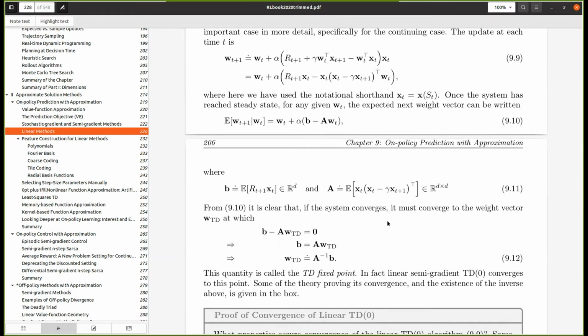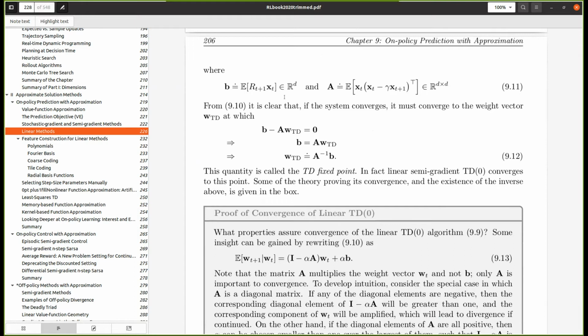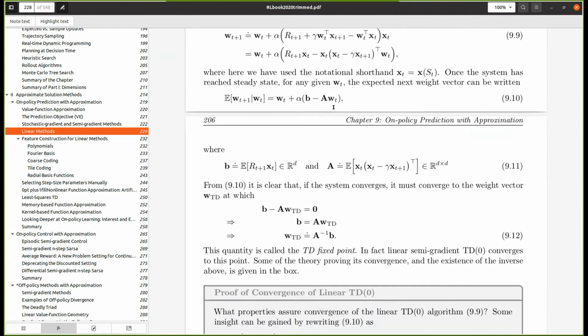Okay, and that would be the expected update, the expected value of the weight vector at t plus 1 given the weight vector at time t. Here we can solve this.